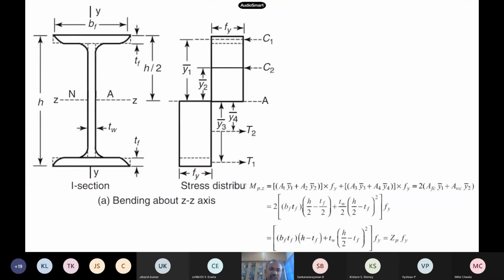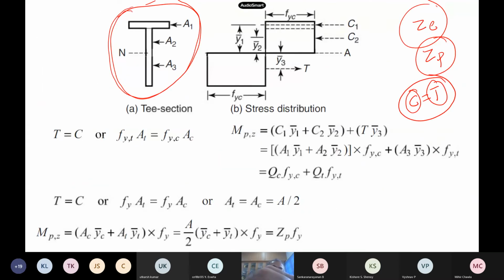Now for T sections, you have area A1, then A2, then A3, and the neutral axis is here. To find this, the tension has to be the same as the compression. Of course, this problem is a little bit complex if the yield stress in tension and the yield stress in compression are different.